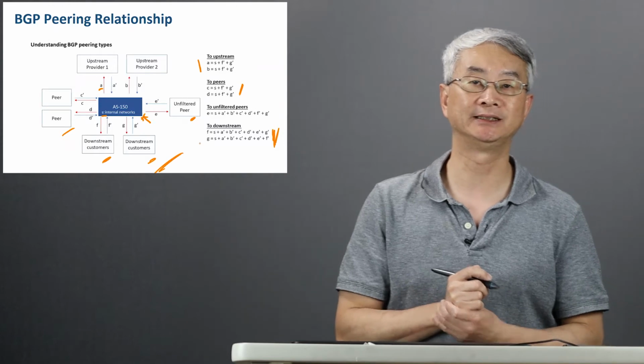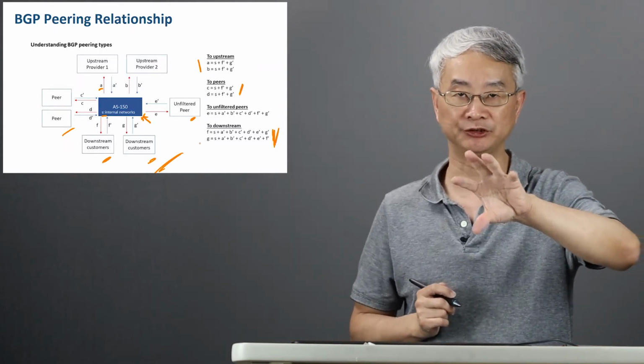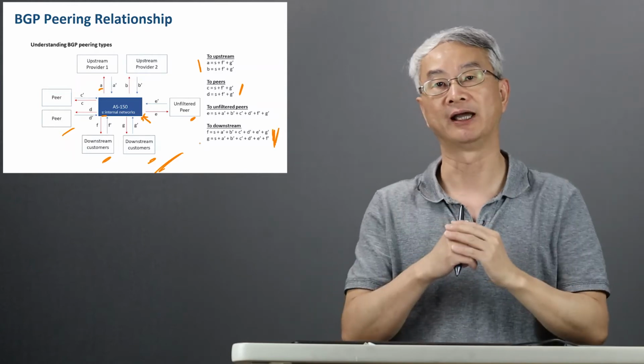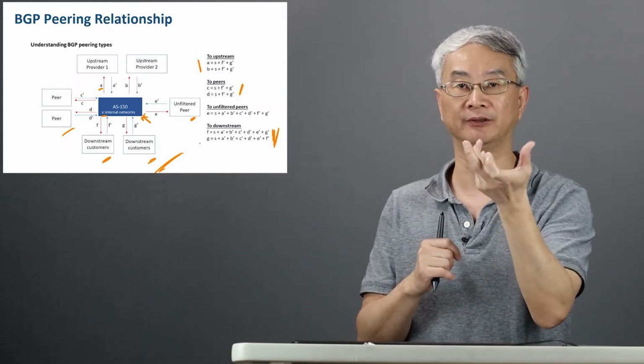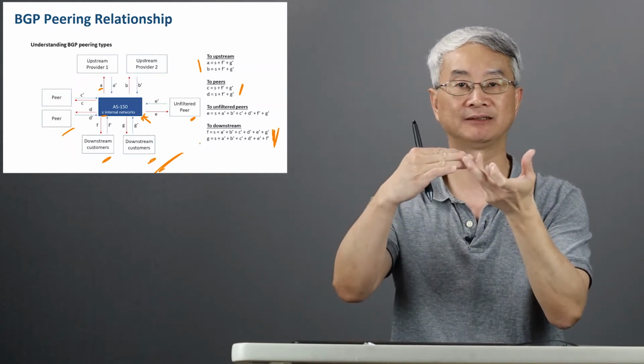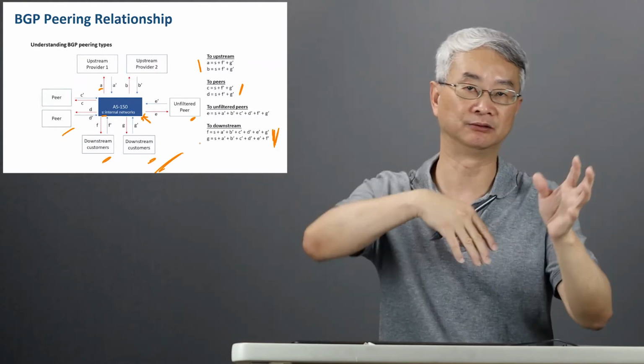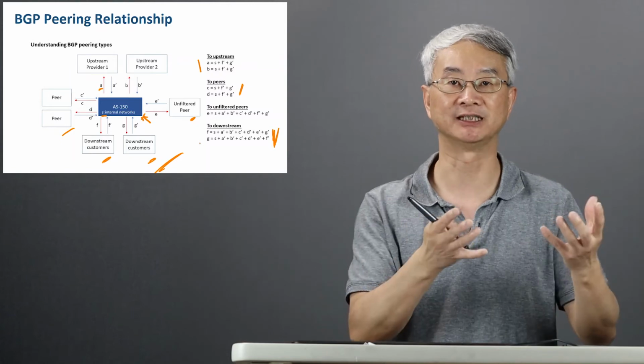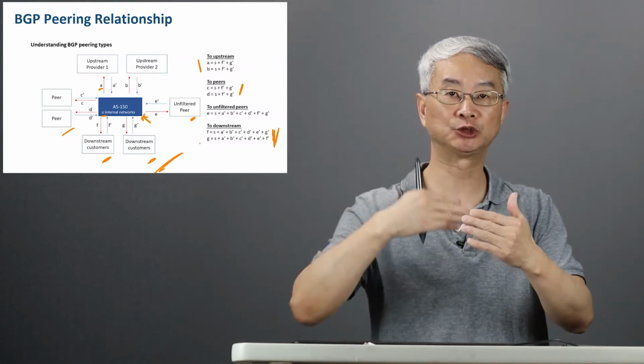In BGP, all these relationships are actually implemented as a filter. When I give my route to you, there's always going to be a filter, and you set the filter. BGP has no idea who is provider and who is customer; BGP doesn't understand the business aspect. It is just two peers.